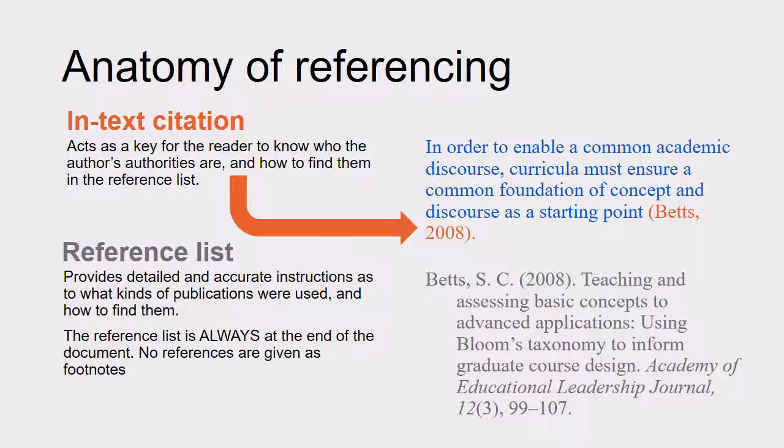Even though you may find in various articles that they use title case in the title of the article where every word is capitalized, when you're referencing in APA, you will not capitalize every word. You will only have the first letter capitalized, the first letter after the colon, and proper nouns will be capitalized.